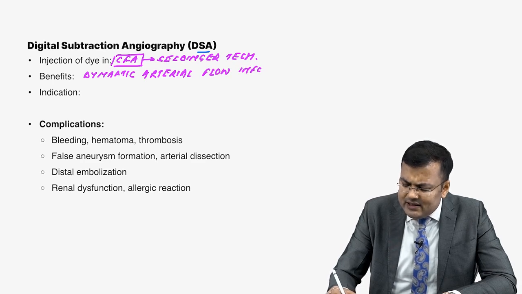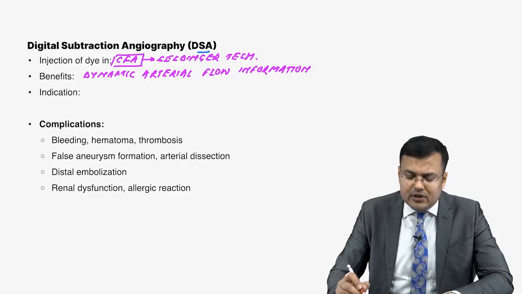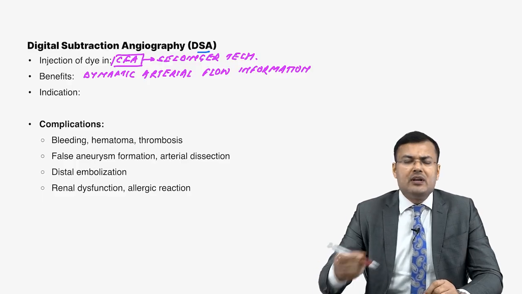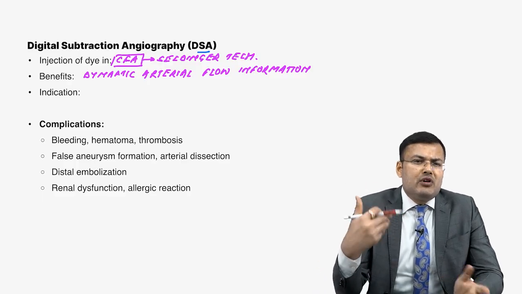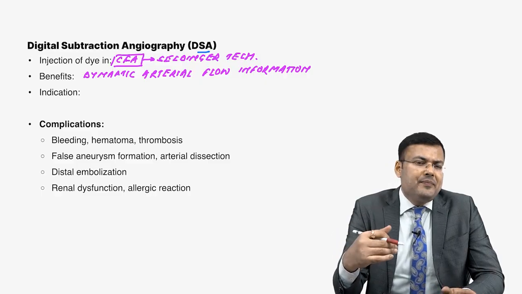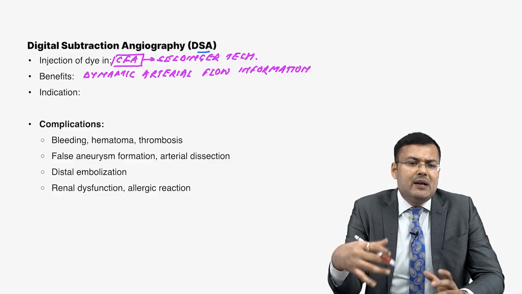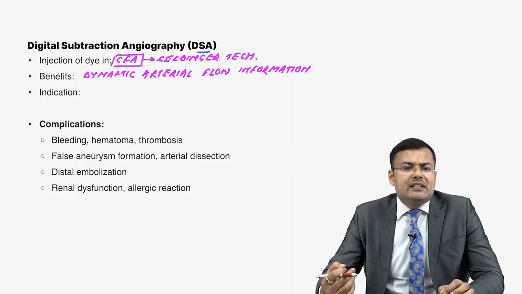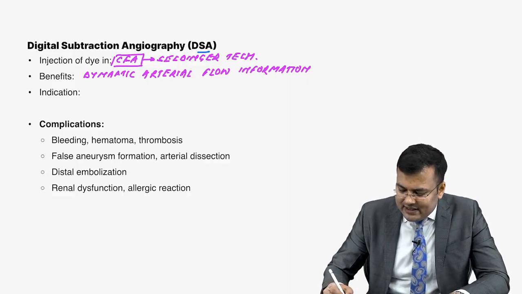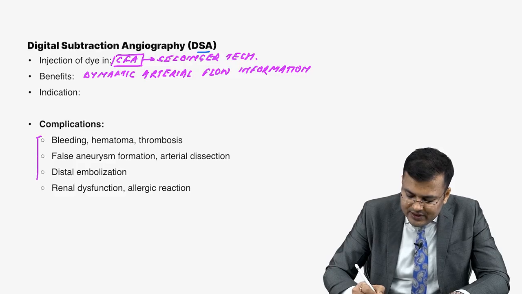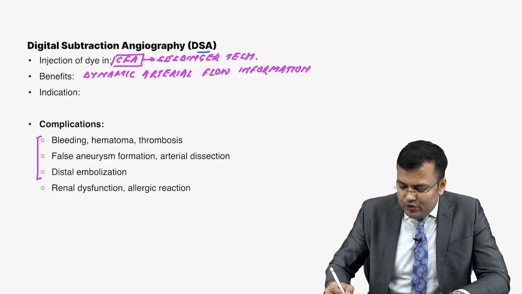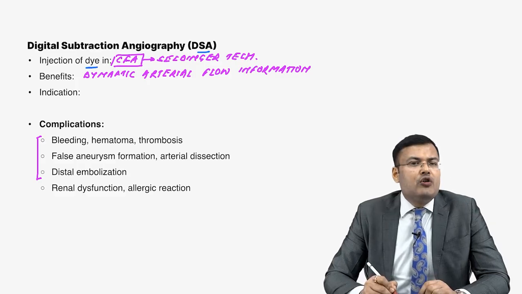See, in all cases, this information is not required. Second, there are complications of DSA. What are the complications? Since you are going to puncture the common femoral artery, it can lead to bleeding, hematoma, thrombosis, false aneurysm formation, arterial dissection, or digital embolization. Second, you are going to inject the dye or contrast.